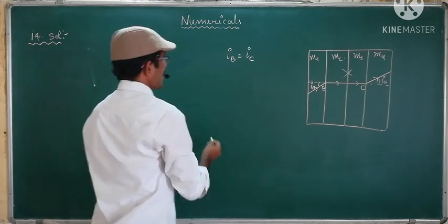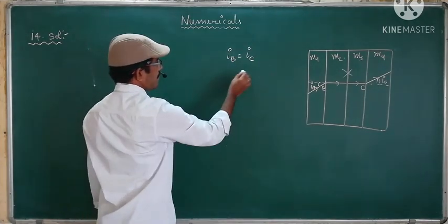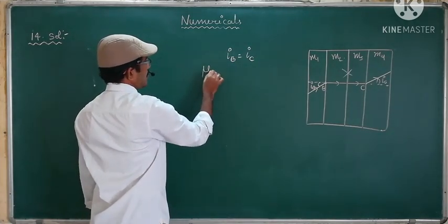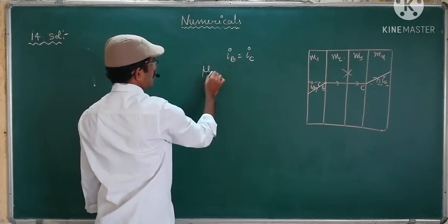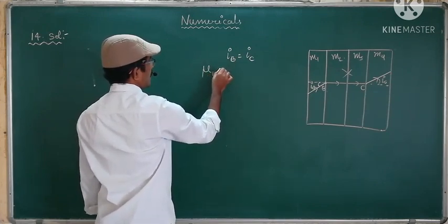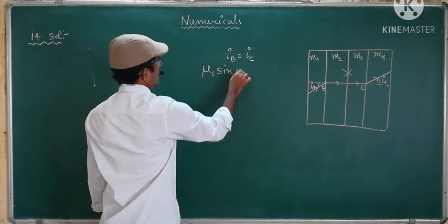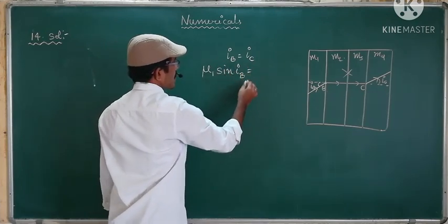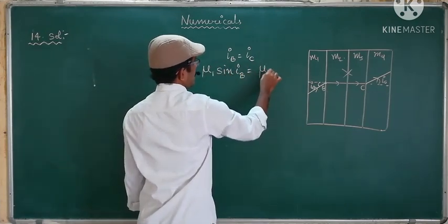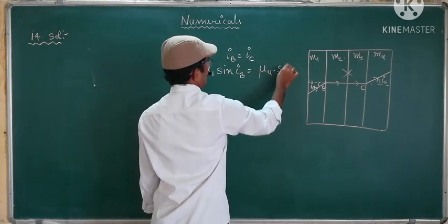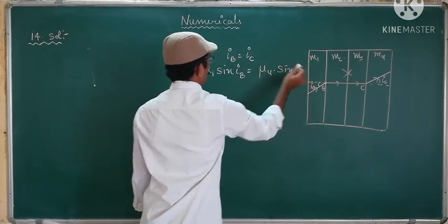Apply Snell's law here. From M1, refractive index mu1 into sine IB is equal to refractive index mu4 into sine IC. How did we get this?